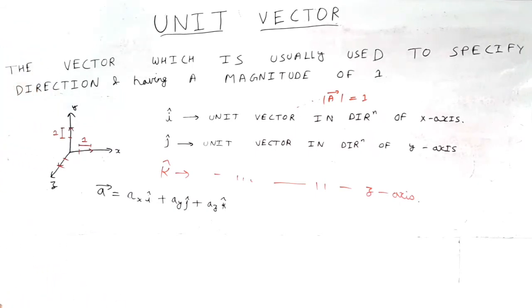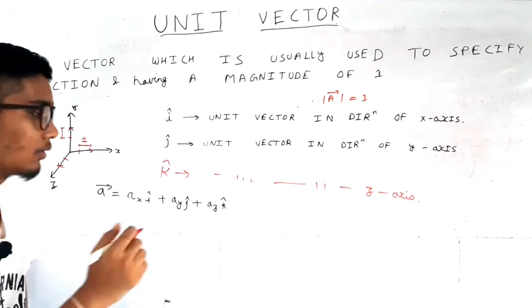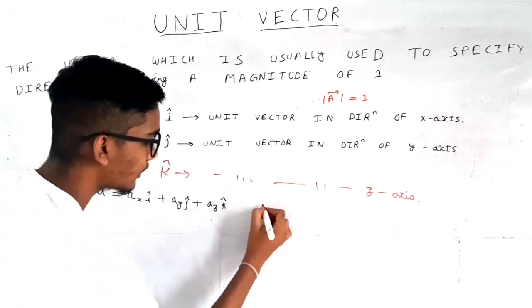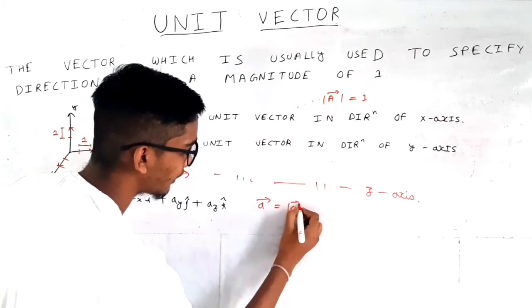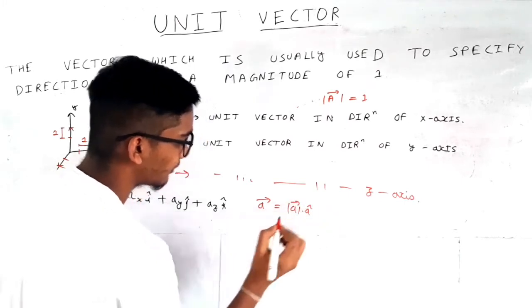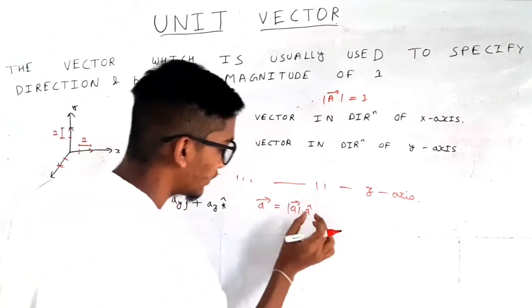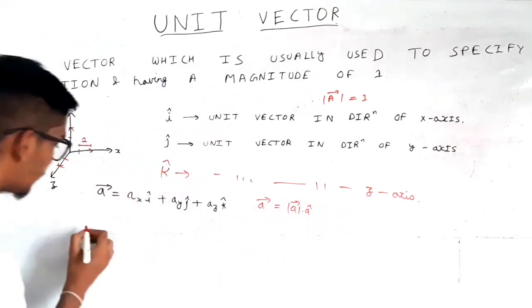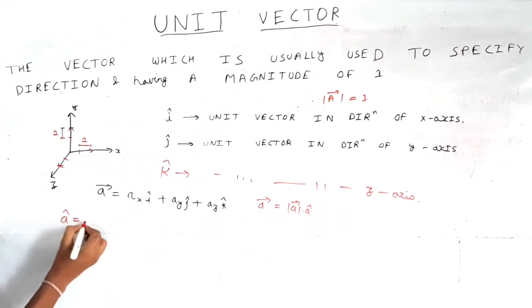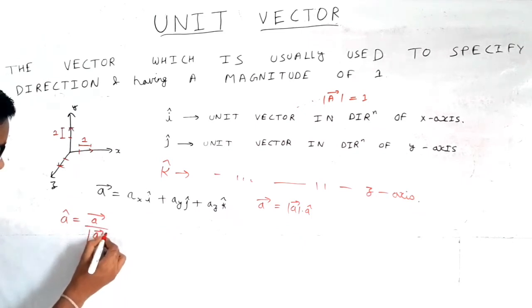Let's recall what I told you 2 to 3 minutes before. Vector A is equal to the magnitude of A times A cap. So how will A cap be? A cap is equal to vector A divided by the magnitude of vector A.